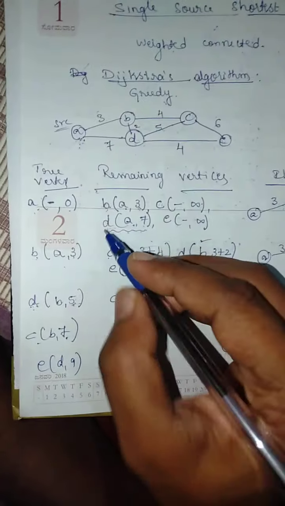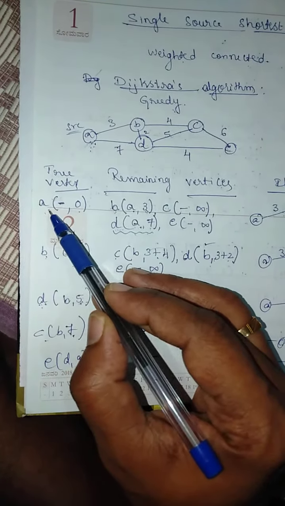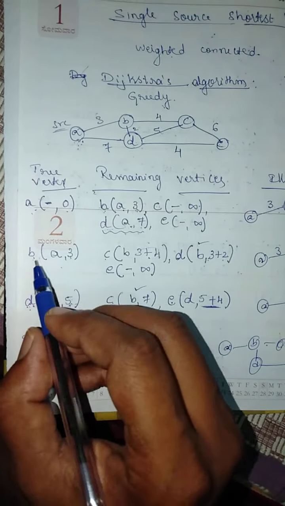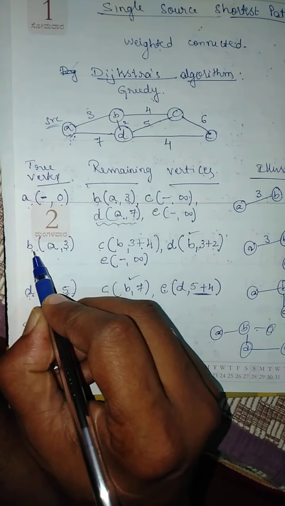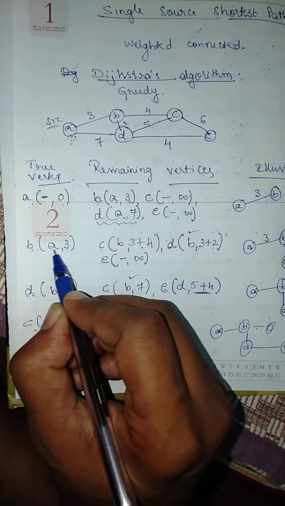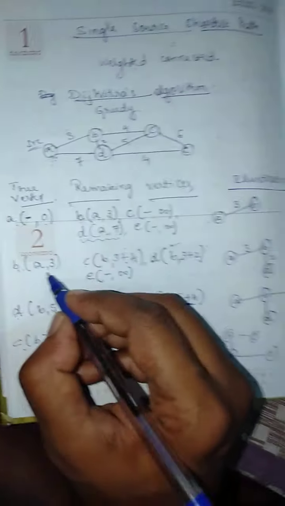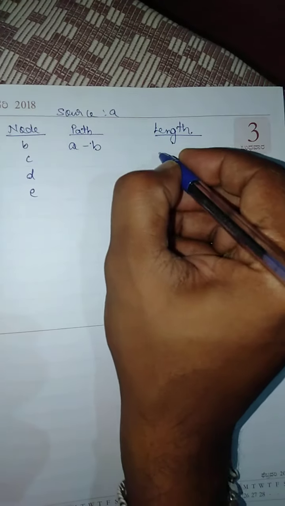Okay, now look at this. A is the source, so don't consider it. So B, yes, B can be reached from A. There is an edge, isn't it? So therefore the path is A to B. And what is the length of the path? 3. Write it here.